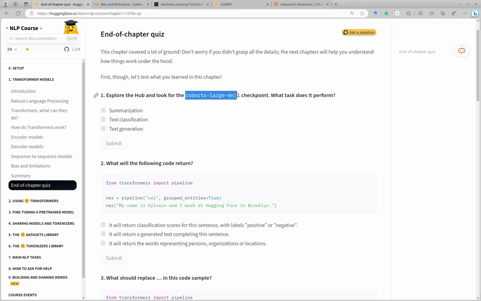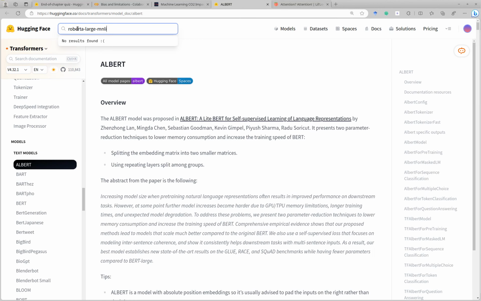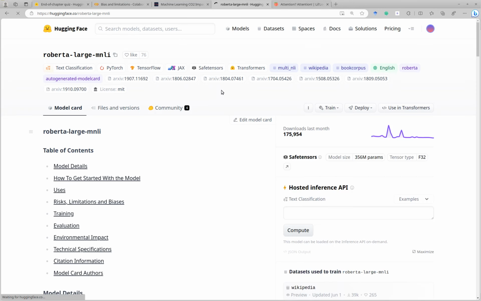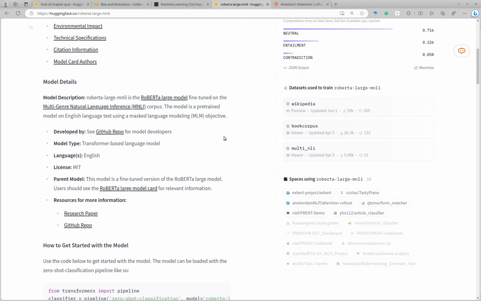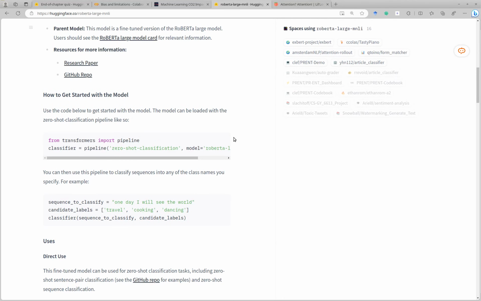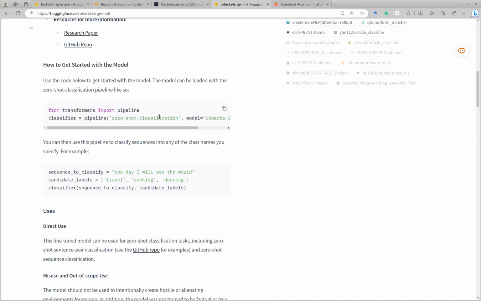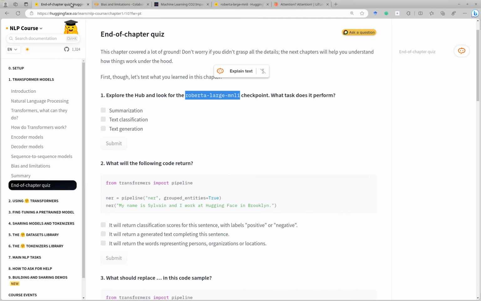I'm not sure what it performs, so let's check the model. Here is the description. Let's go directly into the code. I think it's related to classification. Yeah, classifier. Let's go back. So we have text classification.